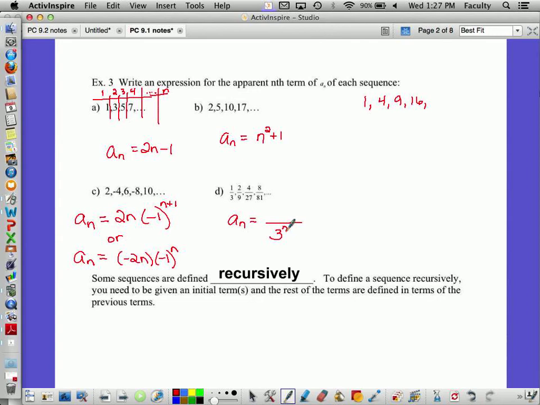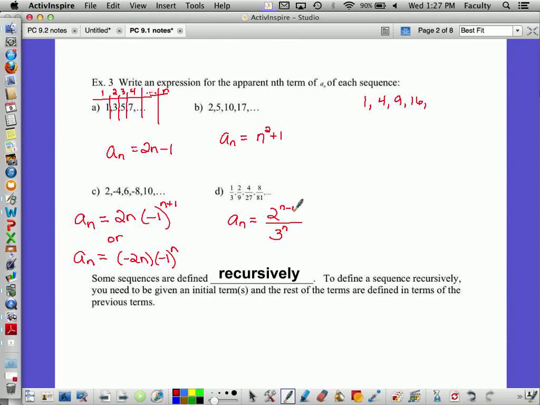Hint, hint, hint. That would be 2 to the n minus 1. It can't be 2 times n, because then I would need this to be a 6 and not an 8, okay?